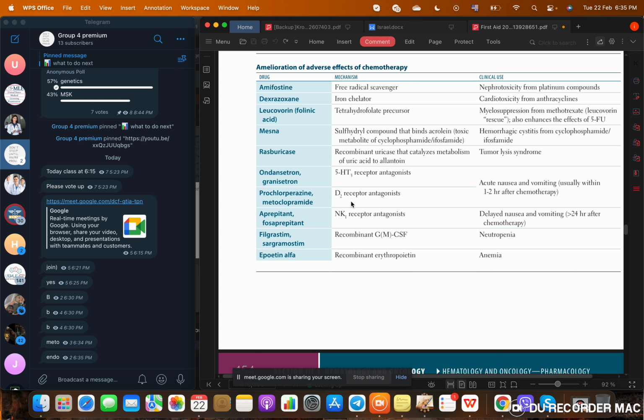Okay, so basically rapidly dividing cells are the most likely cells to be destroyed. So if we speak about the rapidly dividing cells, we speak about which type of cells? We speak about like crypts of the intestine. We speak about the stem cells. So these types of cells are the most likely to be destroyed.